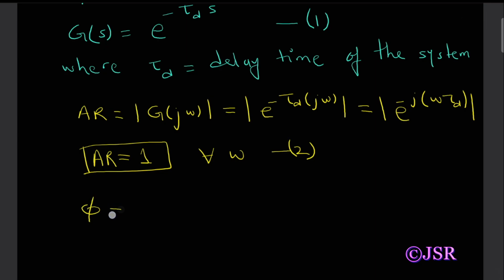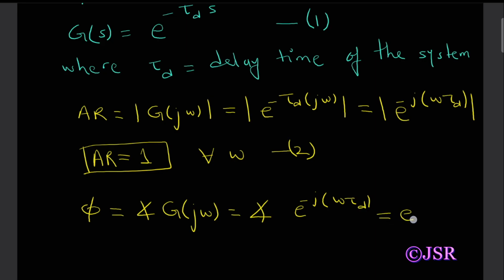So the phase can be given as the argument of G of j omega, which will be equal to the argument of e to the power minus j omega tau d, and this will be equal to e to the power j minus omega tau d.